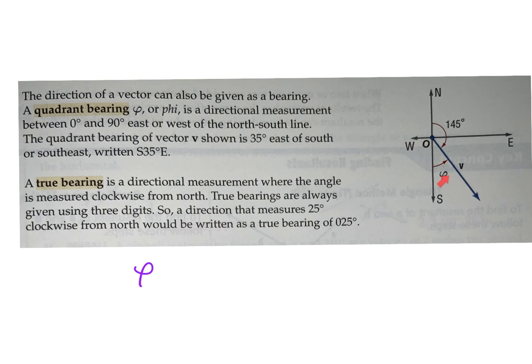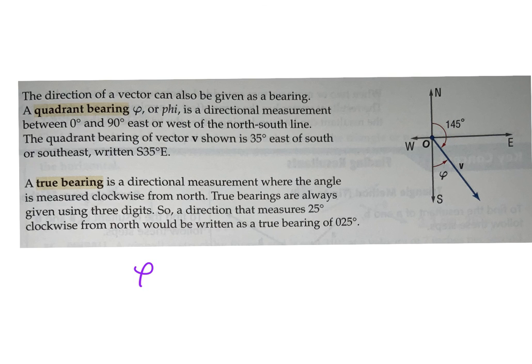So how then do they know that this is 145 degrees? Because this is 180. A line is 180. The reason I'm telling you this is because there are going to be times when you need to use the 145. And they're going to say 35 degrees southeast. And they're going to give you this guy, and you subtract from 180 to get that guy.